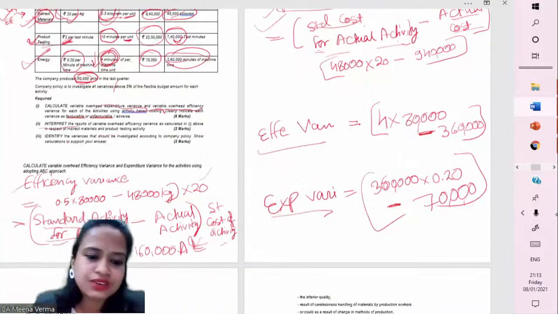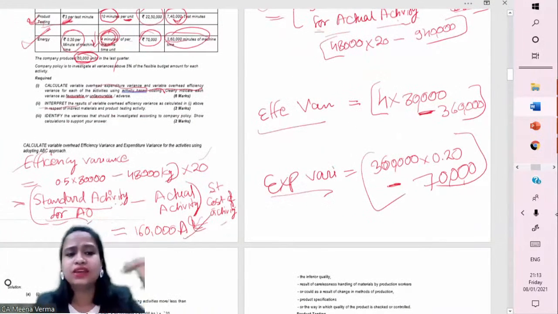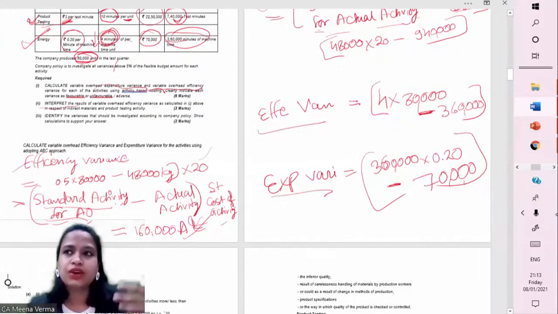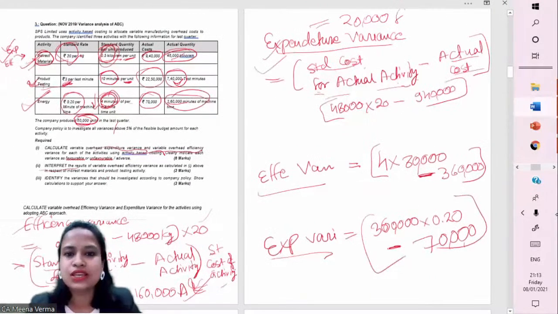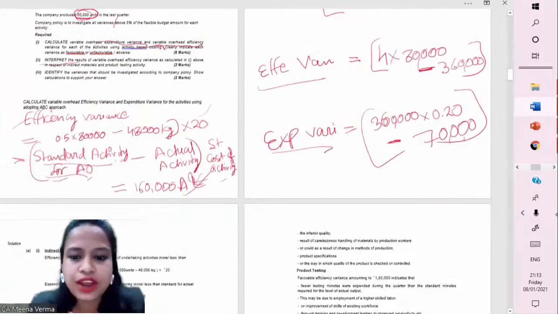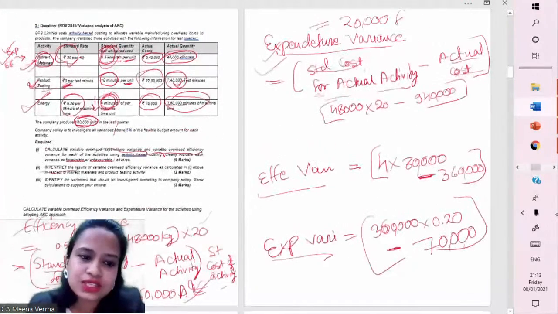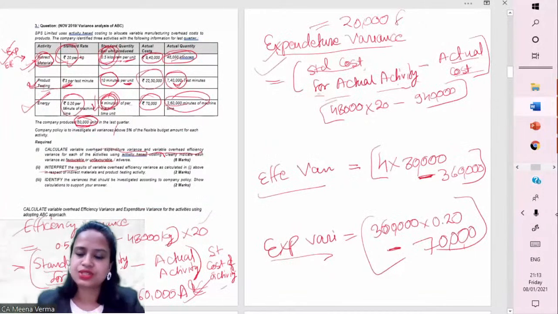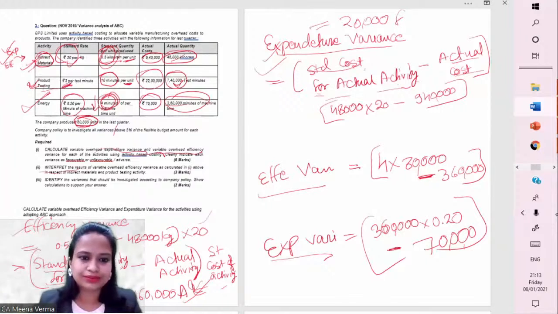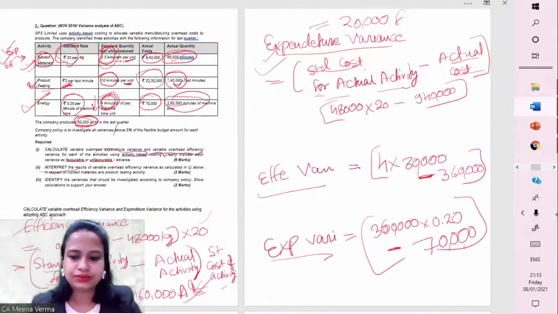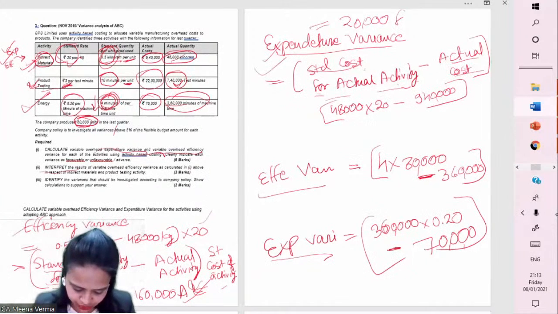If there is adverse variance, think why, what could be the reason. If you have favorable variance, think about why it could be favorable. So this way try to find out the reason why the variance is favorable or adverse, and accordingly write it in the solution. I hope it is all clear. If you have any doubt, you can ask me.